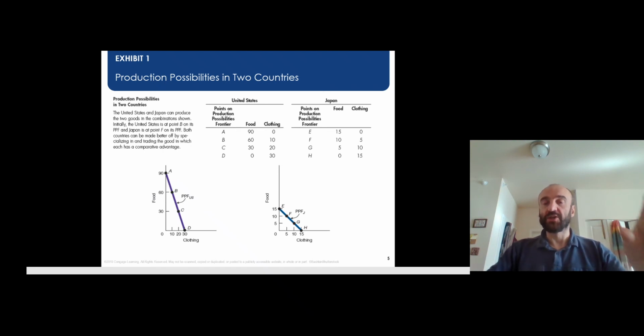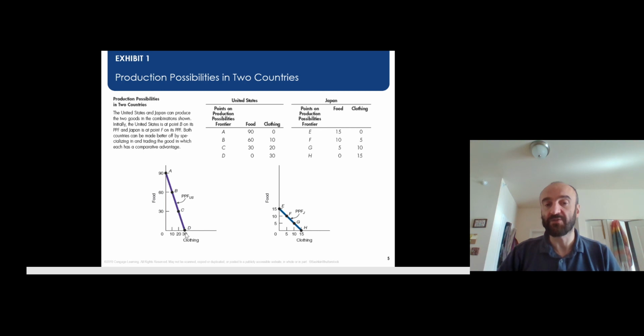The total consumption of both countries will be greater than the level of consumption allowed by their production possibilities frontier. What is the total amount of consumption that each country can have if they do not engage in specialization with each other? It will be somewhere along the production possibilities curve.